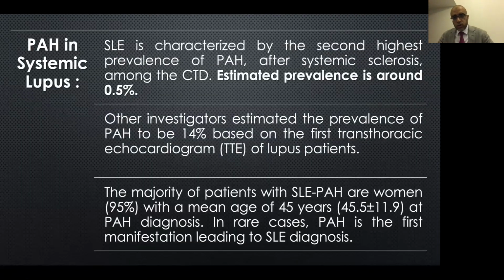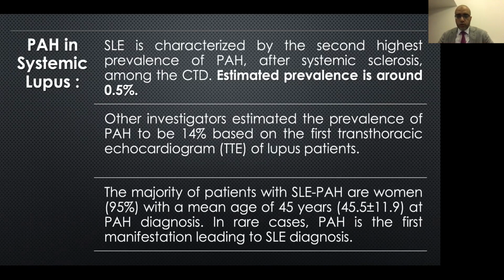Proceeding to the description of epidemiology among different connective tissue diseases, starting with scleroderma, now going to pulmonary artery hypertension in lupus. Lupus, in many trials, has an estimated prevalence of 0.5% and is categorized as the second common cause of pulmonary hypertension after scleroderma.